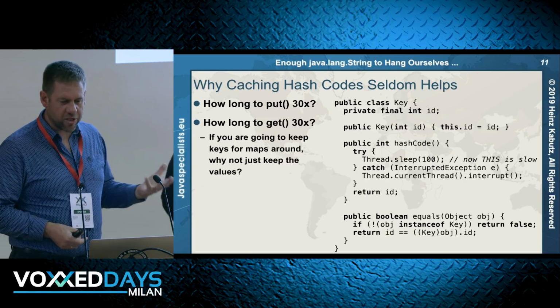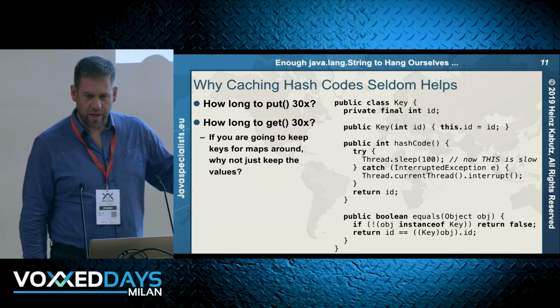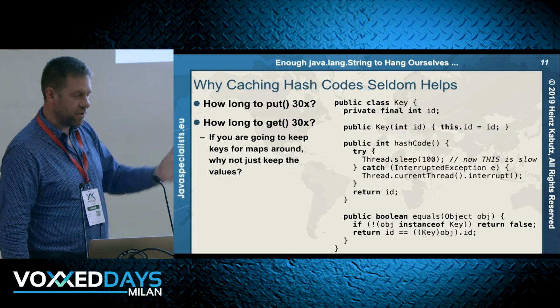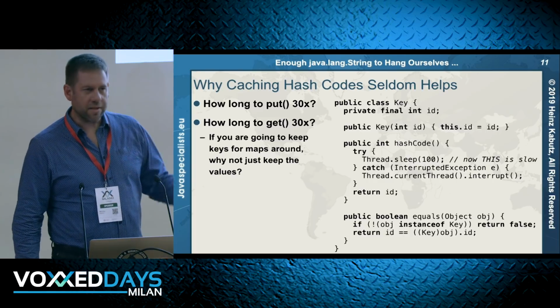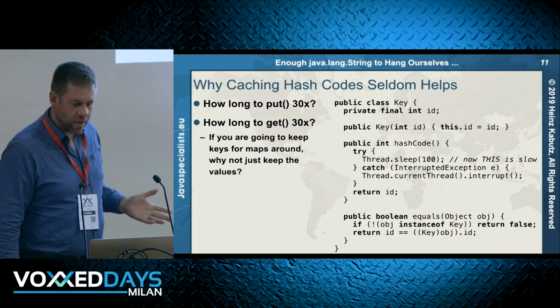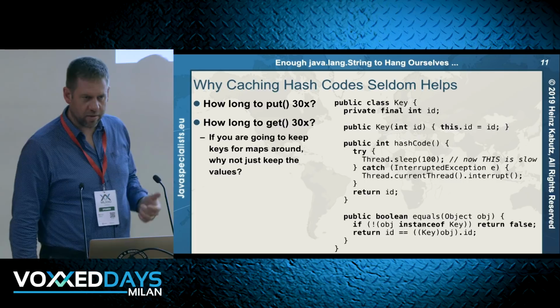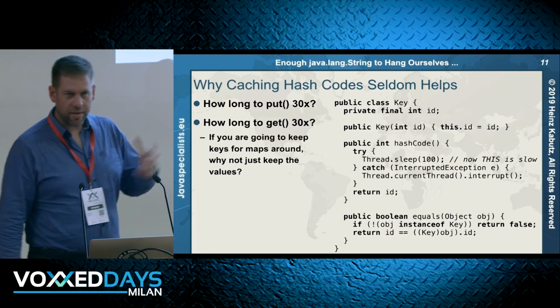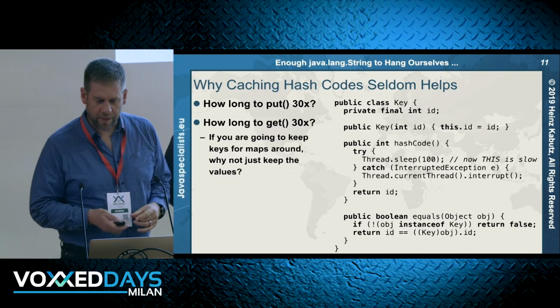Here I've got a hash code which takes 100 milliseconds, just to make it really slow. And the amount of time it takes to put 30 elements and get them is exactly the same whether you cache or not cache the key. Because inside, the hash map is going to cache the actual hash code value anyway, so it really doesn't improve it that much.